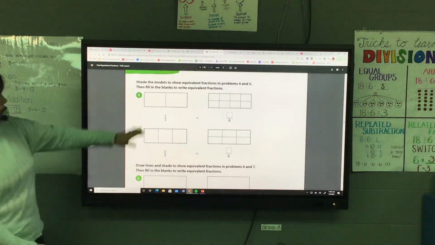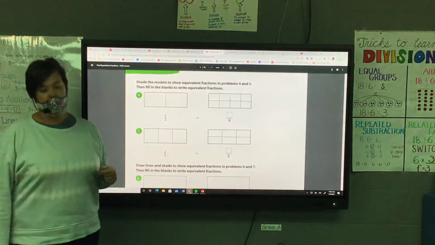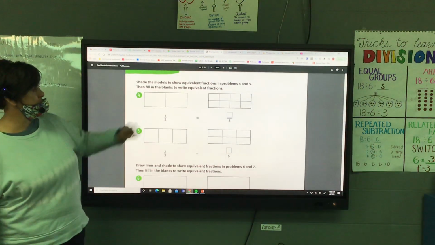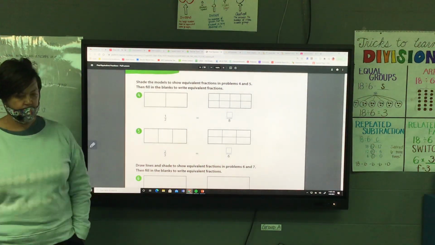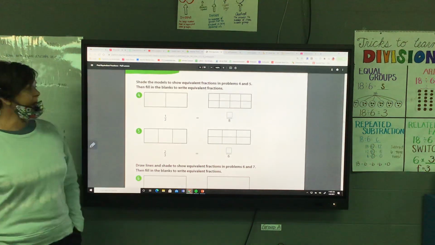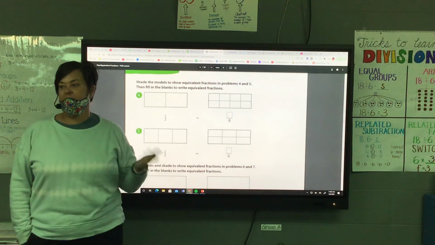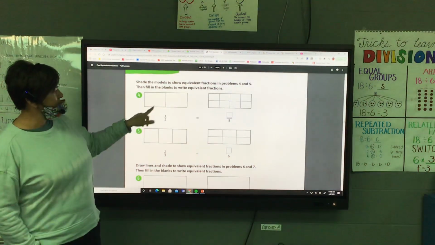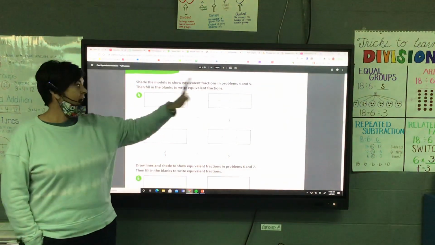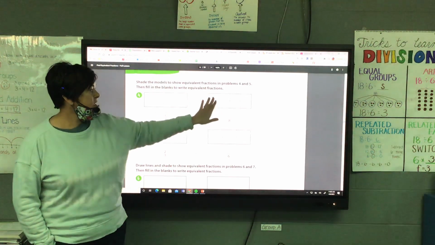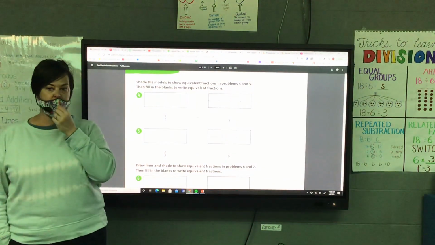Okay, so this first one, we need to shade 1/2. So how many parts will you color in of this one? 1. Now, next door over here, we need to make it equivalent. So if we did 1/2 of this, don't say anything out loud, how many of these shapes do we need to color in to make it the same amount as 1/2?